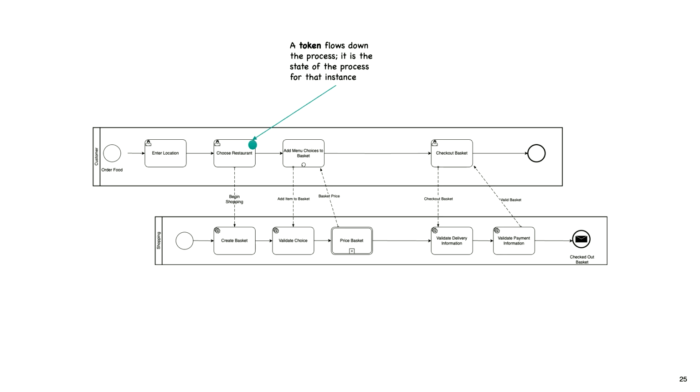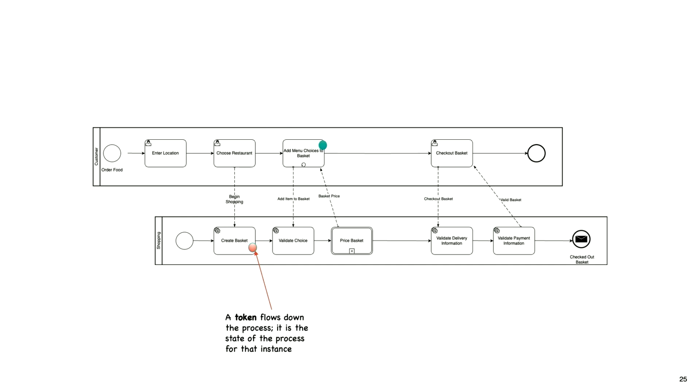So now I'm effectively choosing a restaurant. When I choose a restaurant, since I work for Just Eat Takeaway, what we tend to do is create a cart for you to shop from that restaurant. So that's going to start another orchestration, and we're tracking state for you in that orchestration as well. You start choosing menu items.